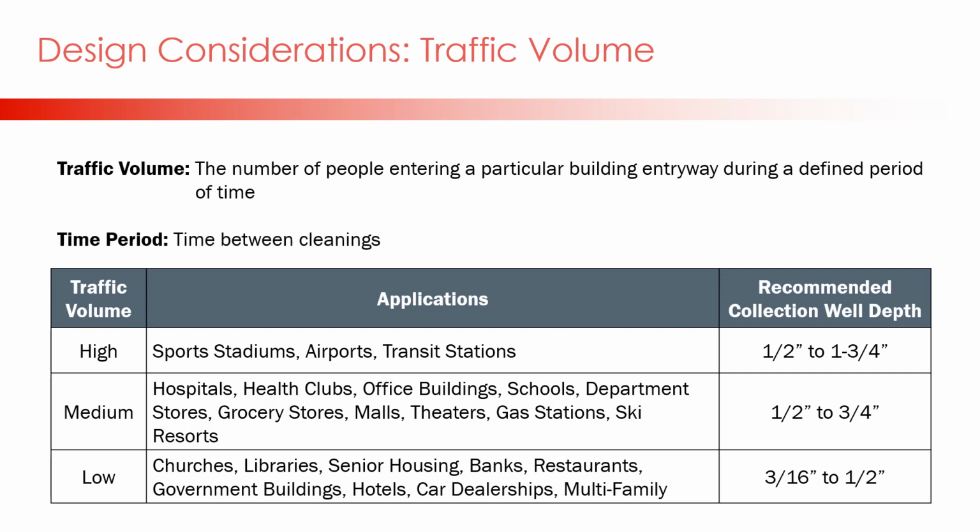For example, a sports stadium has a high traffic volume as the crowd typically arrives and leaves within a very short period of time. You don't have the luxury of cleaning the entrance flooring as sports fans are flooding into the stadium. With higher traffic volume, a larger area is needed for trapping dirt.